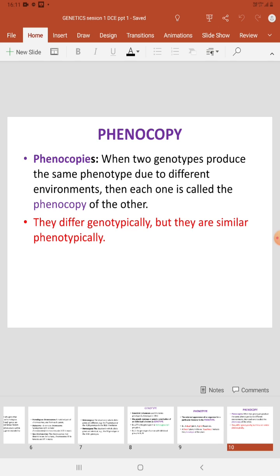So this is a condition which appears because of the change in the environment, because of the change in the diet. As the diet had silver salts, instead of the normal brown bodied Drosophila, yellow bodied Drosophila appear, and these yellow bodied flies are called the phenocopy of the yellow mutant Drosophila.